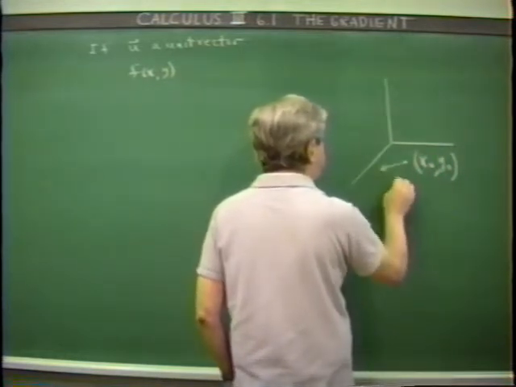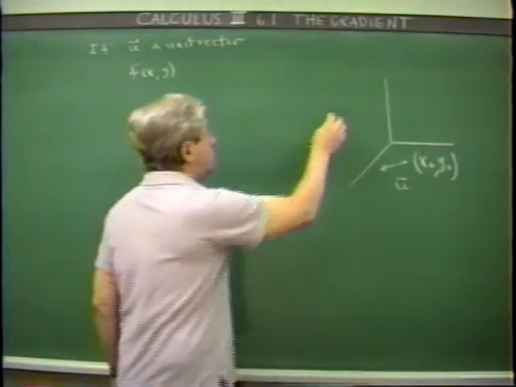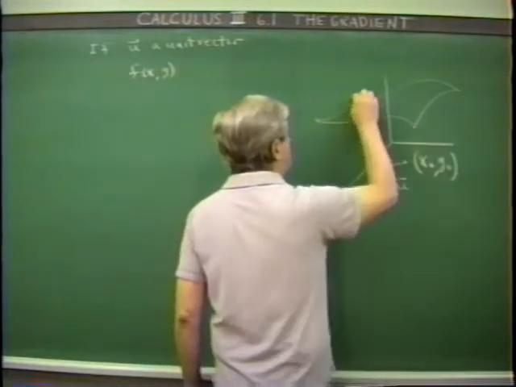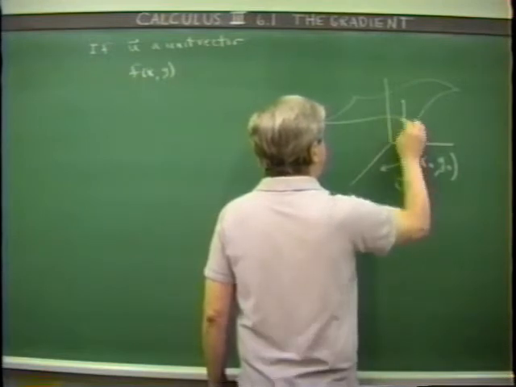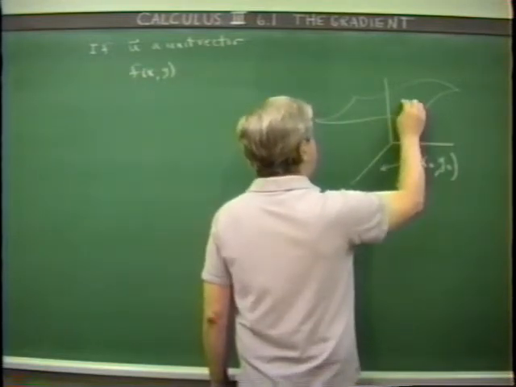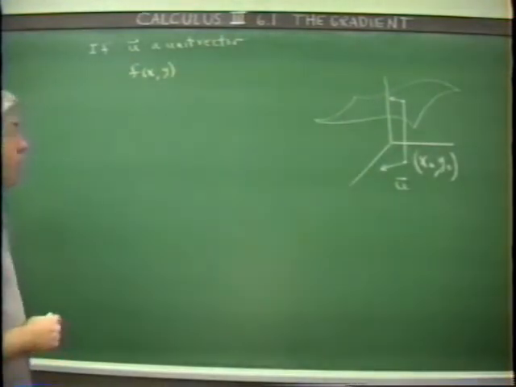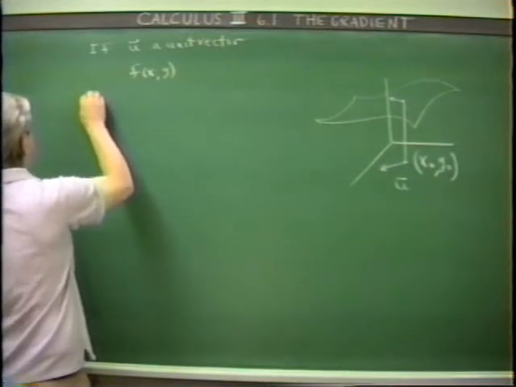If the unit vector u has a given direction, we've got the graph of f above this point and in the neighborhood of the point. And what we want to know is, what's the rate at which the function is increasing in the direction u?